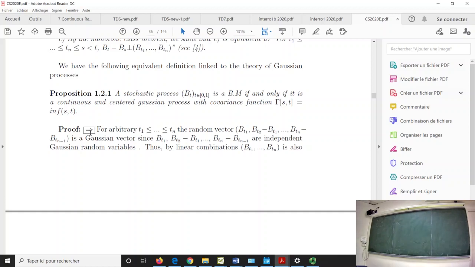So you know that in this space I can define the norm, so the square of the norm is just the integral of the square.